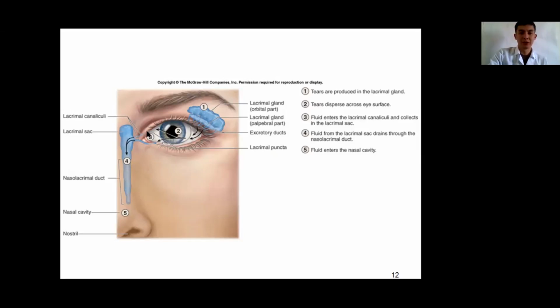From the lacrimal canaliculi it passes into the lacrimal sac, and then to the nasolacrimal duct into the nasal cavity.